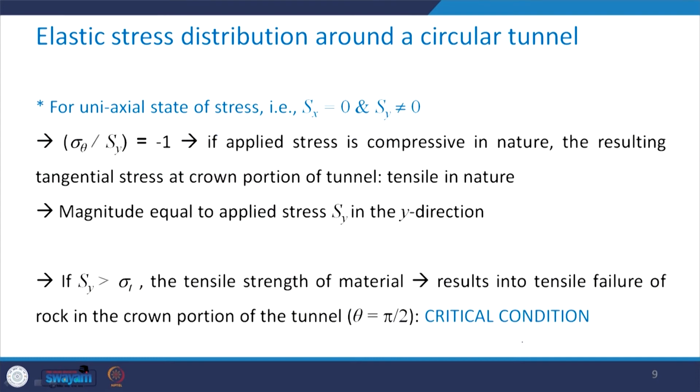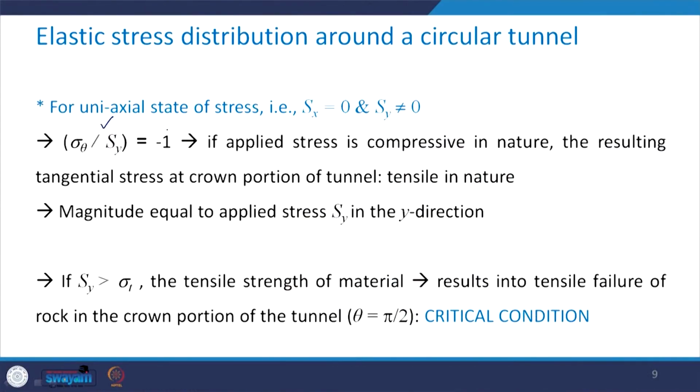So, here I have summarized what we discussed for the uniaxial state of stress, that is when there are no applied stresses in the x direction and only in the y direction these stresses are present. In that case, sigma theta upon Sy we have seen that it is minus 1.